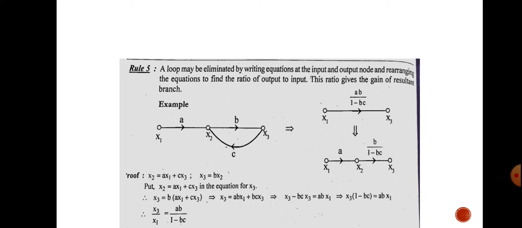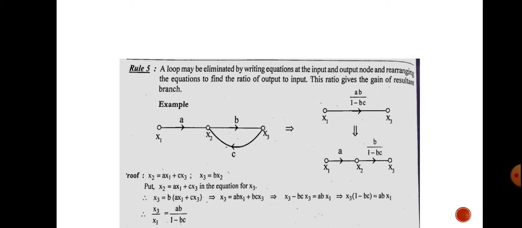We can put the value of x2, A x1 plus C x3, into the equation for x3. So x3 will be equal to B into A x1 plus C x3. So we get x3 into 1 minus BC equal to AB into x1. So x3 by x1, the output to input, equals AB by 1 minus BC. That is the proof for this case.